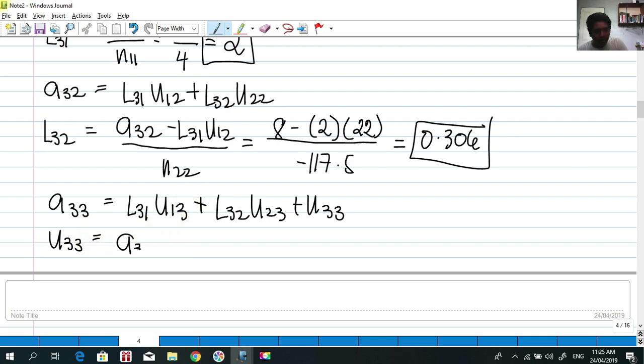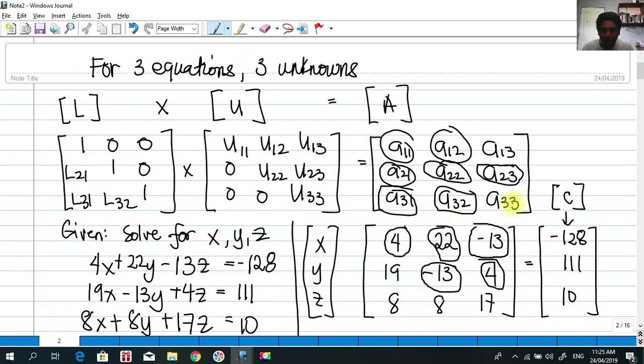U33 is A33 minus L31 times U13 minus L32 times U23. The value of A33, row 3, column 3, is 17.